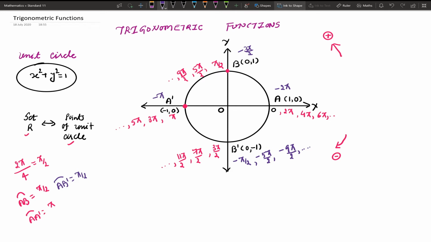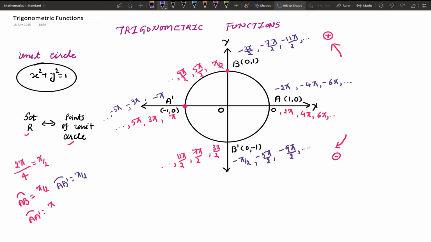Similarly, minus pi, minus 3 pi, minus 5 pi, etc. Here minus 3 pi by 2, minus 7 pi by 2, minus 11 pi by 2, etc., and minus 2 pi, minus 4 pi, minus 6 pi, etc. So we have put a one-to-one correspondence between the set of real numbers and the points of the unit circle.